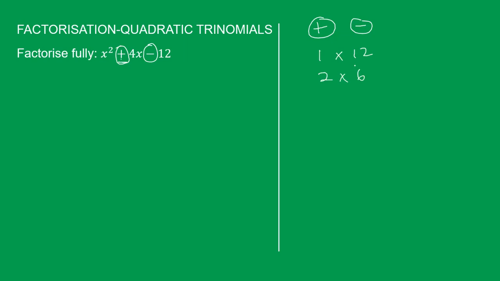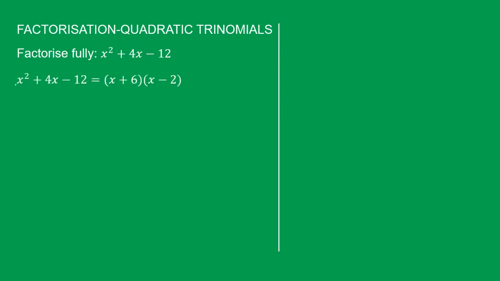These two can give us a 4 if the bigger factor is positive and the smaller factor is negative. 6 times negative 2, that is negative 12. 6 minus 2, that is 4. So these are the two factors, x minus 2, x plus 6. Right, therefore, x squared plus 4x minus 12 is equal to x plus 6, x minus 2.